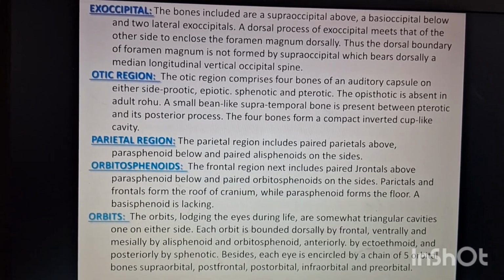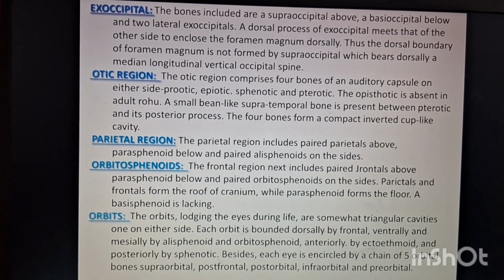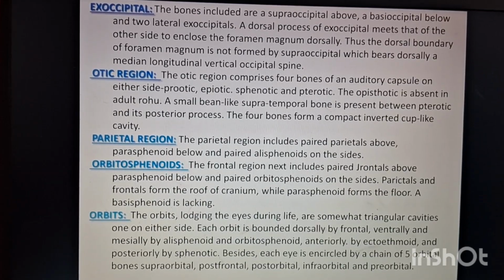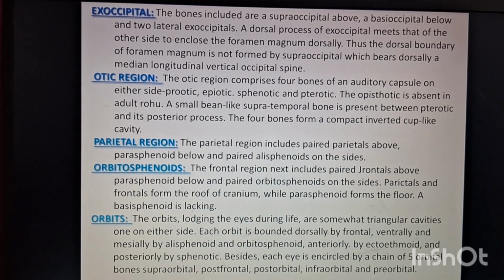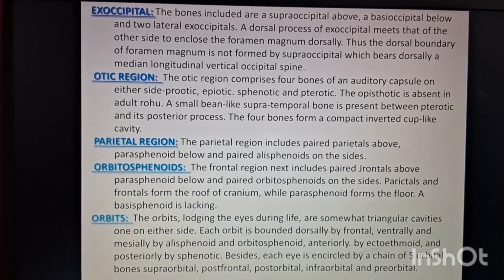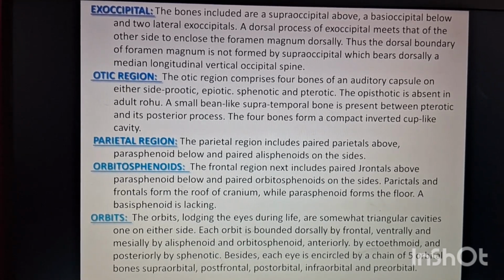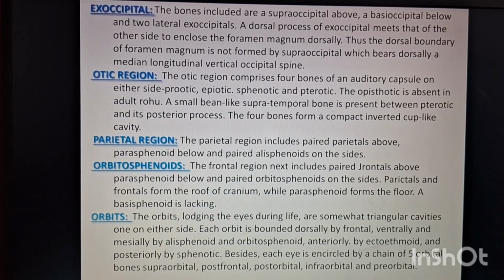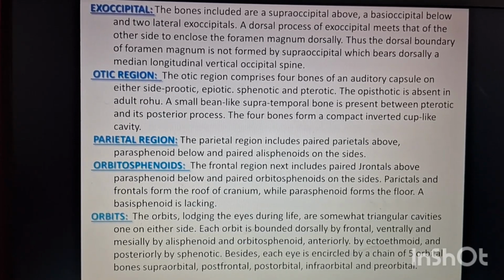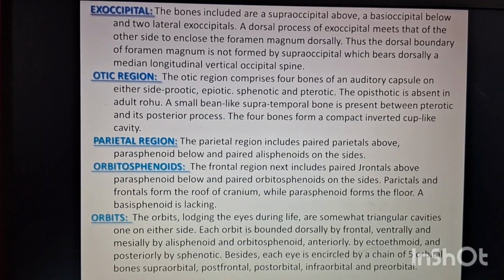A dorsal process of the exo-occipital meets that of the other side to enclose the foramen magnum dorsally. Thus, the dorsal boundary of the foramen magnum is not formed by the supra-occipital, which bears dorsally a median longitudinal and vertical occipital spine.